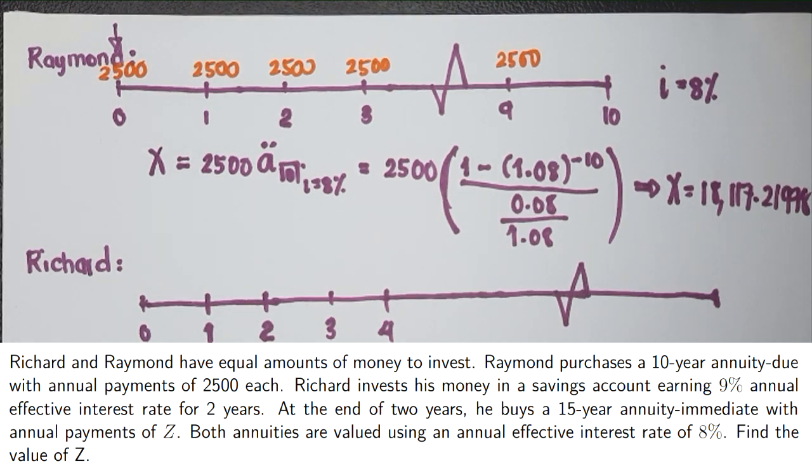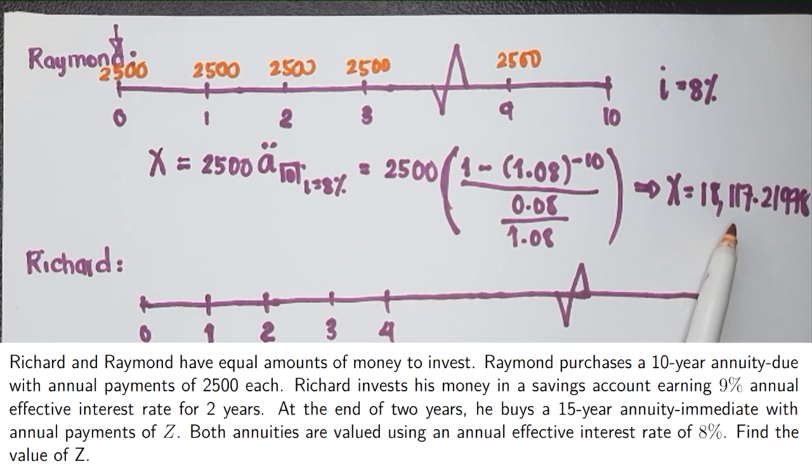Now, we move on to Richard's investment. For Richard, it's different. Using this money, this X, he first put it in the bank. For how many years? 2 years. And that savings account earns a 9% annual effective rate of interest.